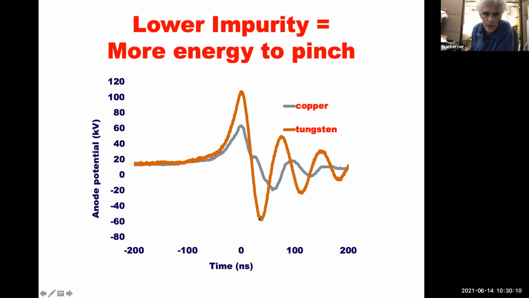We could also see that more energy was going into the pinch. This is the high voltage probe, where the time of the pinch is 0 nanoseconds. And you can see tungsten gives a lot more energy into the pinch, a lot higher peak voltage than copper.